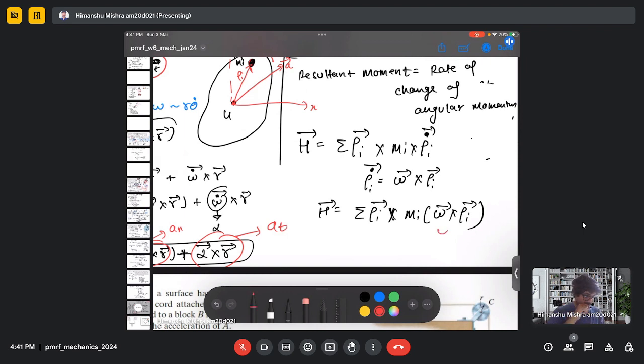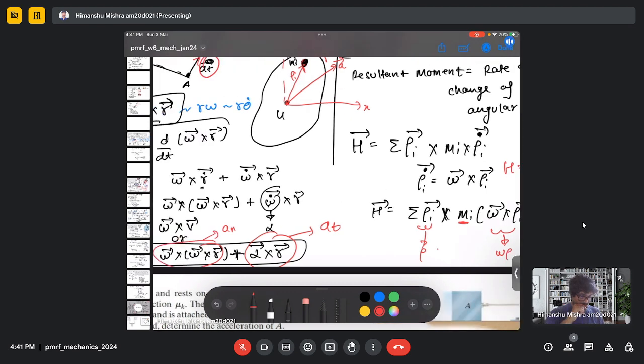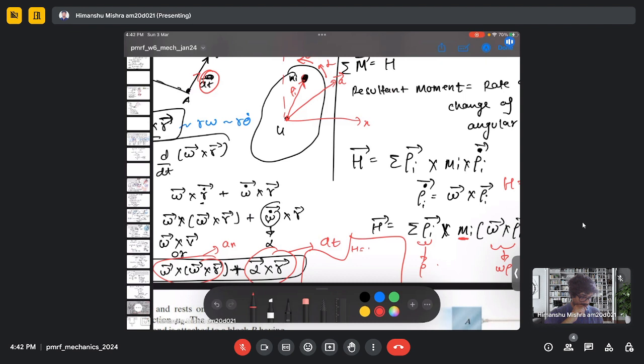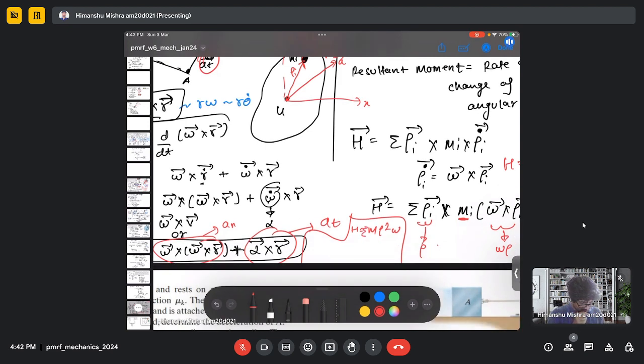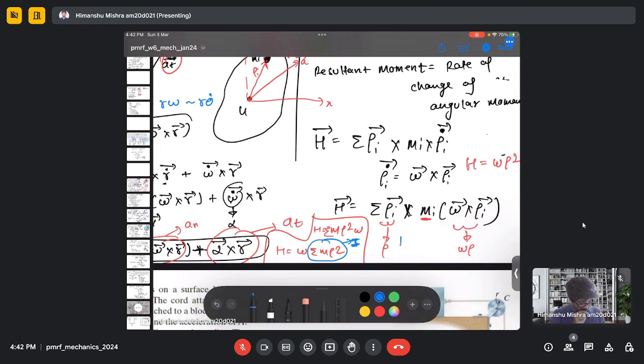Now we can see this. The magnitude of this will be omega rho, and here it is rho, so the magnitude of angular momentum will be omega rho squared. Considering the mass, the angular momentum will be m rho squared omega, which with the summation is omega times the summation of mass times rho squared. And you already know this quantity is your rotational moment of inertia, which means your angular momentum will be omega multiplied by the moment of inertia.